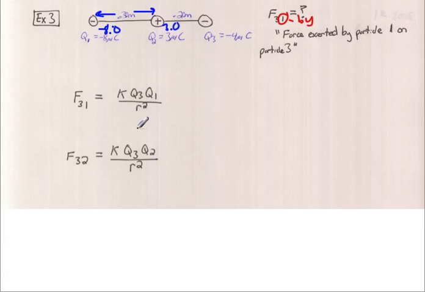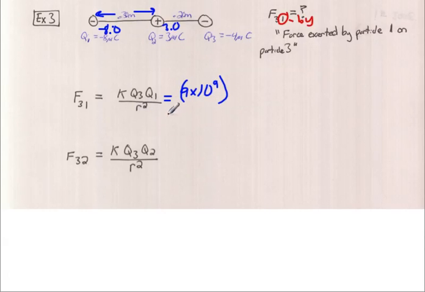So this says the force exerted by particle 1 on 3. We're going to use Coulomb's law and just plug in. K, remember, is just that universal constant. Sometimes you use the other formulation for the constant in Coulomb's law. We'll probably be using it both ways as we move forward. So the constant is 9 times 10 to the 9th, with units of newtons meter squared per coulomb squared.